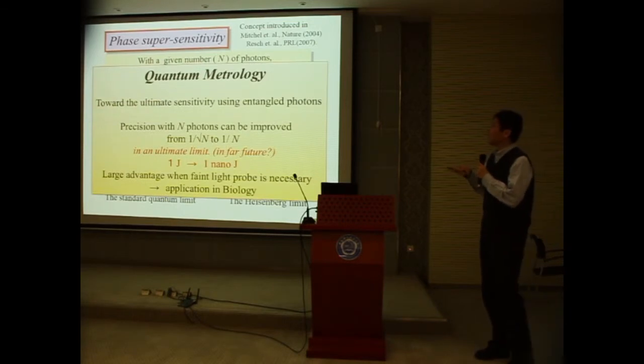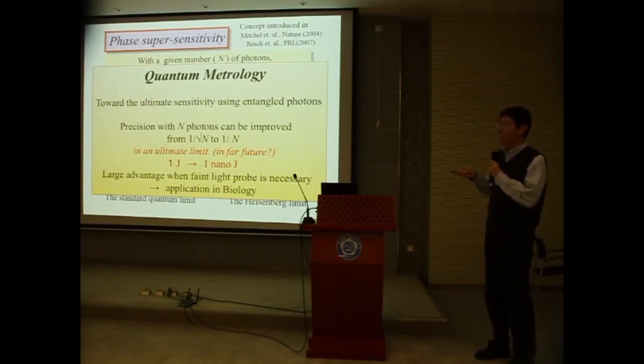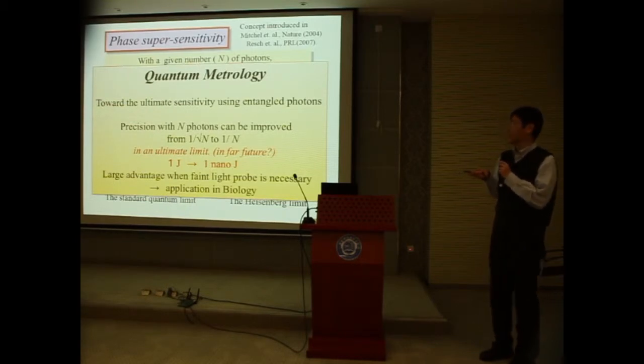So in an ultimate limit, in the very far future maybe, a measurement now using 1 joule of photons could be reduced to 1 nanojoule of photons if we could have an extremely large number of entangled states.